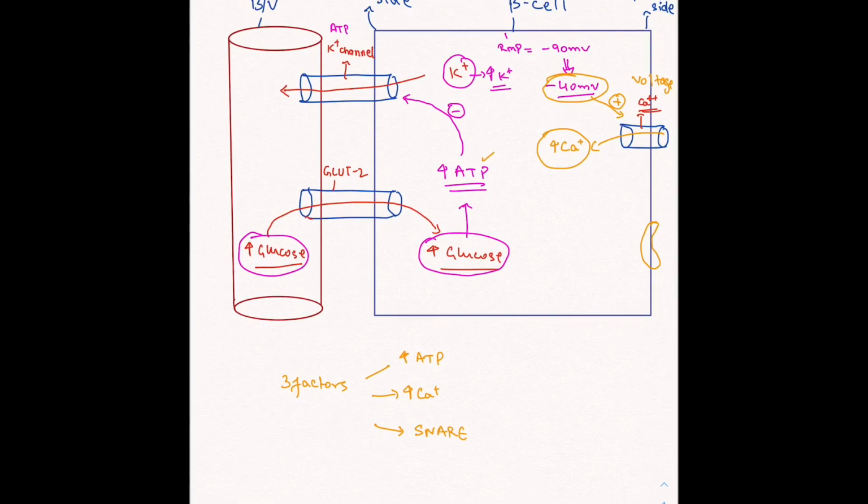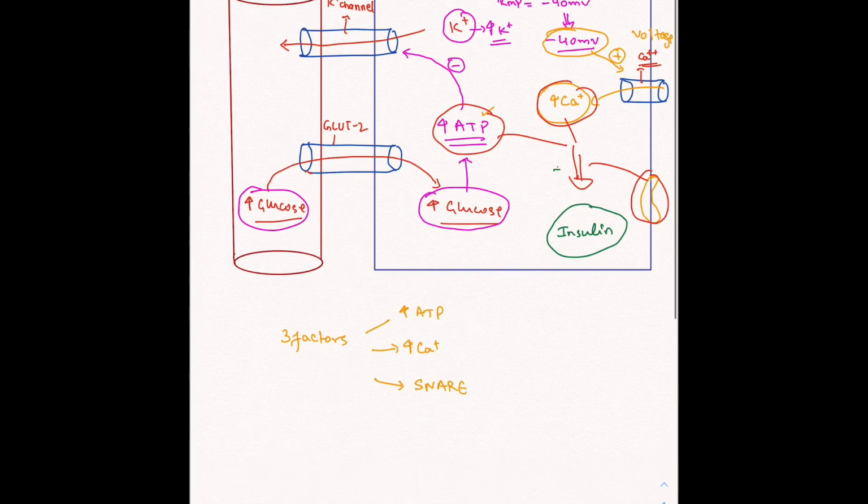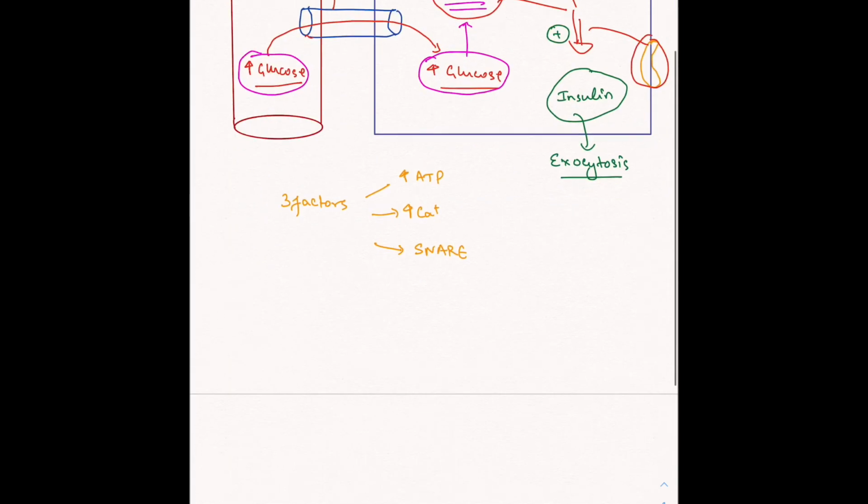These three factors, increased ATP, calcium ions, and the SNARE protein, will facilitate the release. How? Here we have a vesicle containing insulin. These three factors will facilitate the release of insulin via exocytosis, causing release of insulin into the body.